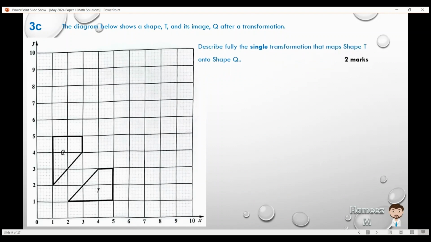Describe fully the single transformation that maps shape T onto shape Q. So if we look at T, we can see that its transformation or its movement onto shape Q could be one of the following. It could be a reflection, a rotation, translation, an enlargement, a glide, or a shear.